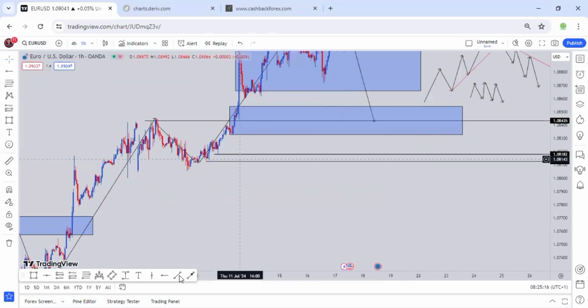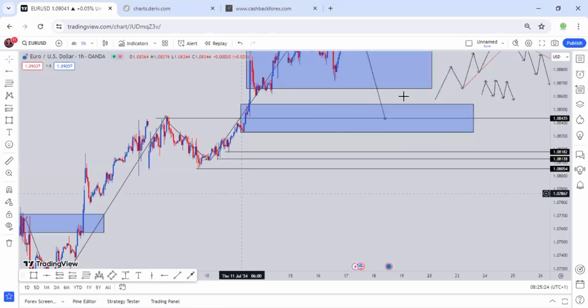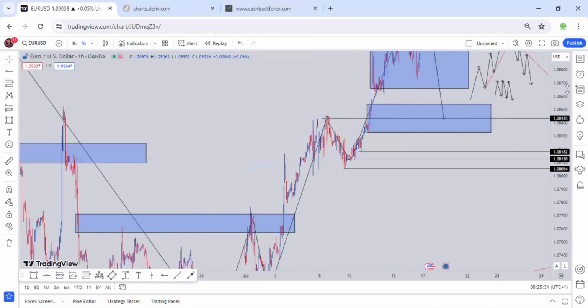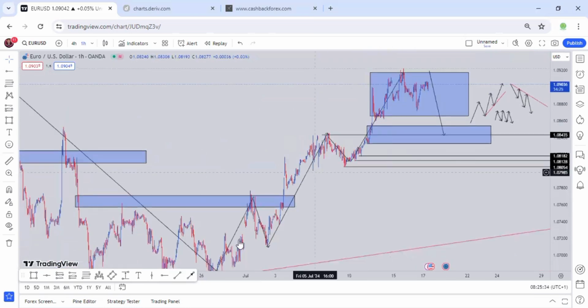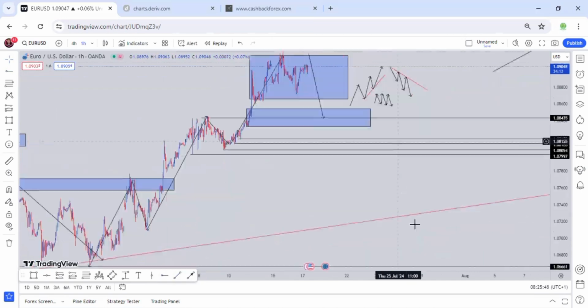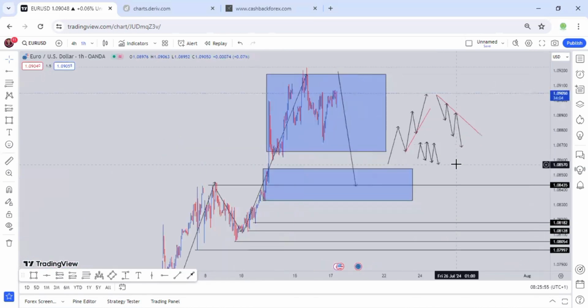And market can also take out this low, right? Doesn't mean that direction has changed. No, it hasn't changed yet. This is the lowest point that the market can get after taking out all these liquidities to confirm a change in this trend. For the meantime, we are bullish on this market.